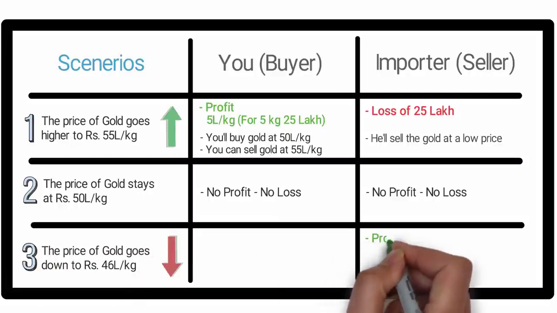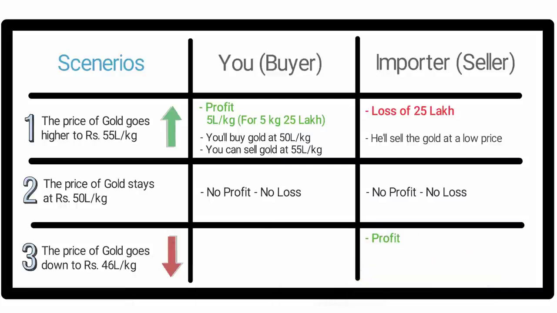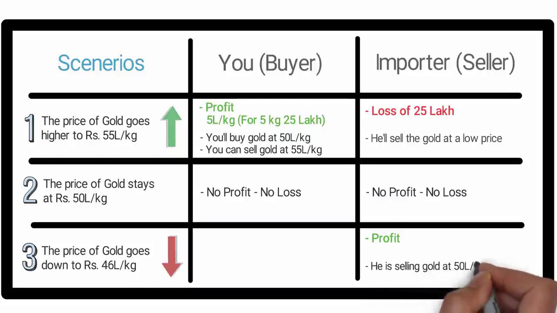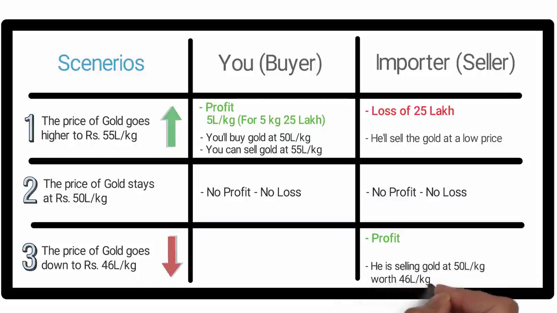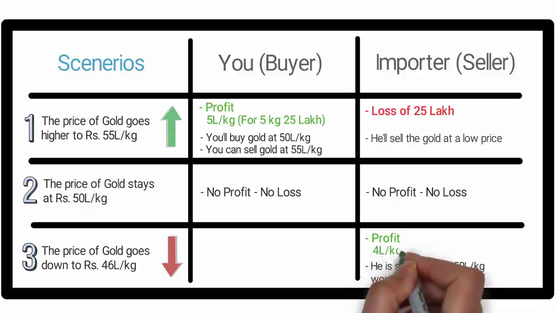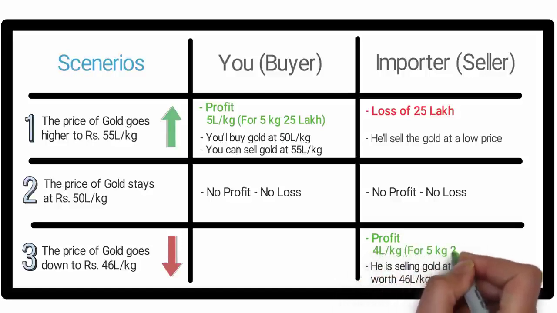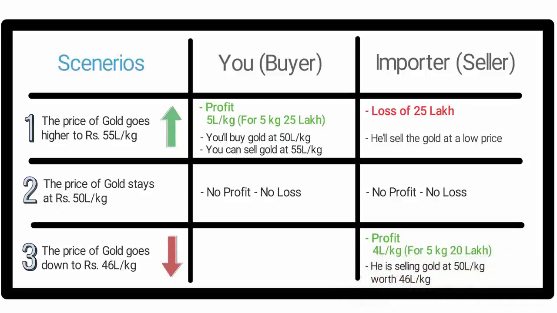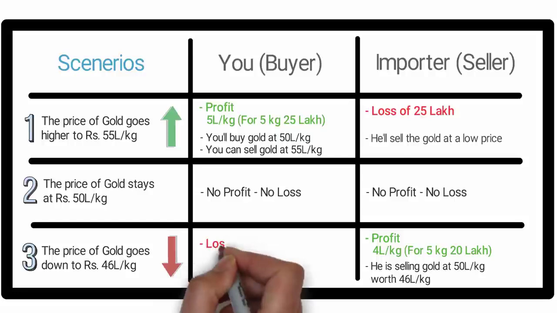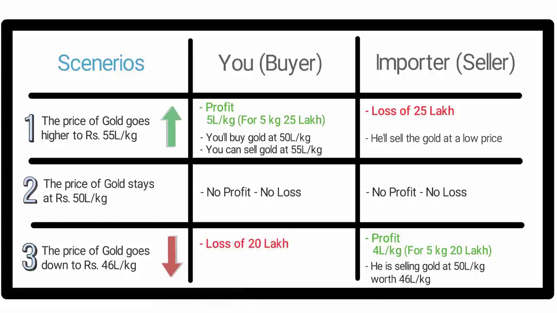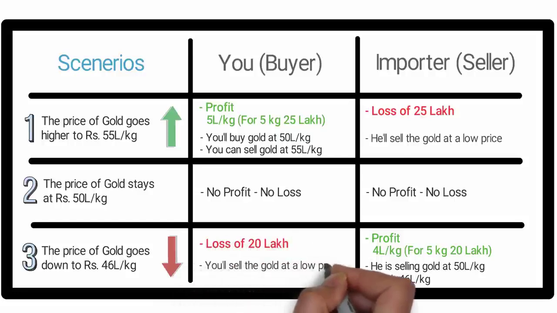Here, the importer will make a profit as he is selling the gold at 50 lakh rupees per kg, which is worth only 46 lakh rupees per kg. He's making a profit of 4 lakh rupees per kg, and for 5 kgs 20 lakh rupees, and you will be losing exactly 20 lakh rupees.